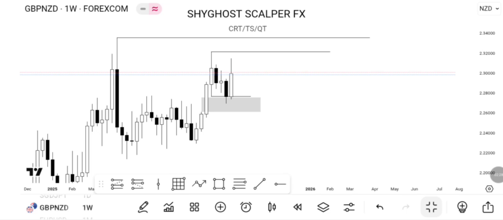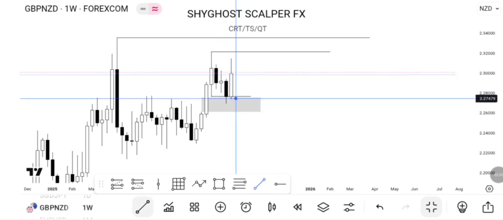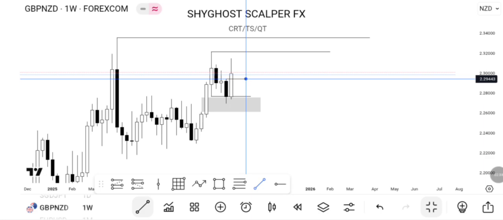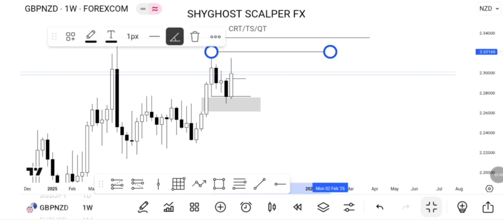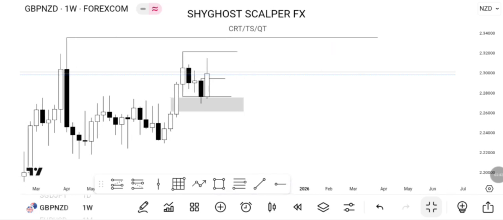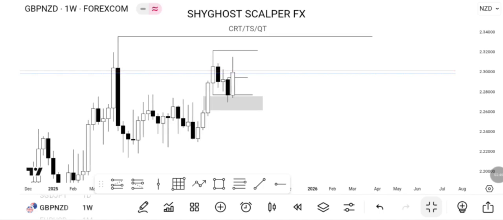So this candle that swept liquidity and failed liquidity becomes our order block, right? Since we got our close above this candle. So now we drop down to our daily time frame.